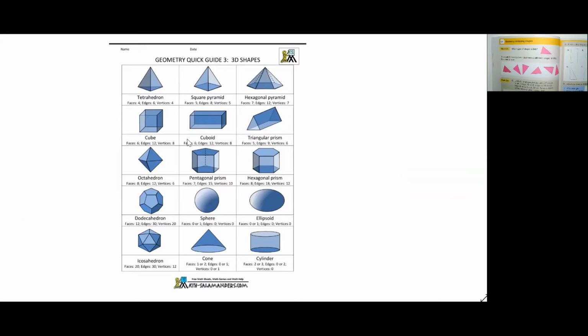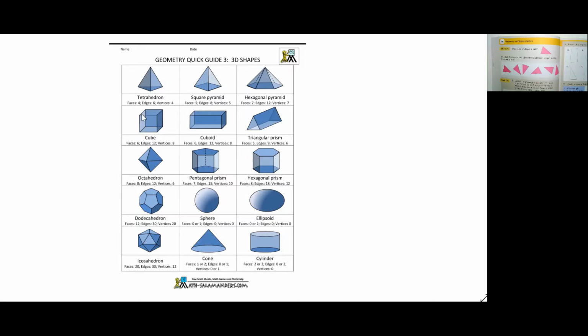There are other shapes that can be drawn like this, 3D shapes. We have tetrahedron, square pyramid, hexagonal pyramid, cube, cuboid, triangular pyramid, octahedron, pentagonal prism, hexagonal prism, dodecahedron, sphere, ellipsoid, icosahedron, cone, and cylinder.